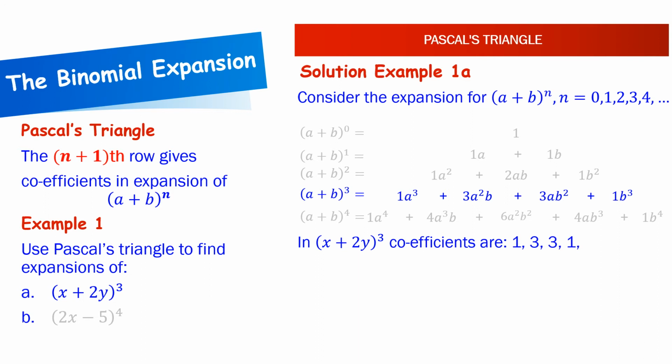However, we're required to expand (x + 2y)^3. So in our expansion for (a + b)^3, we need to substitute a for x and b for 2y.